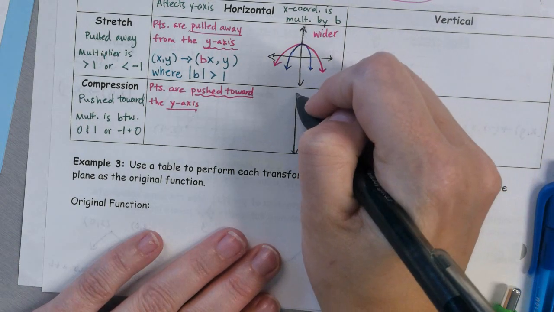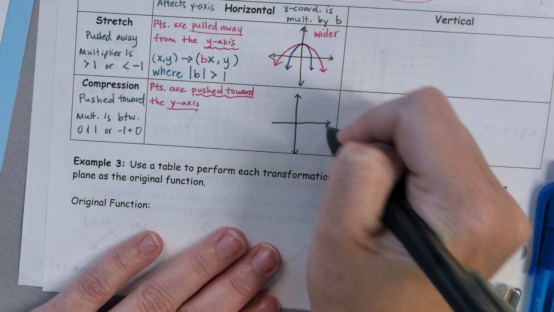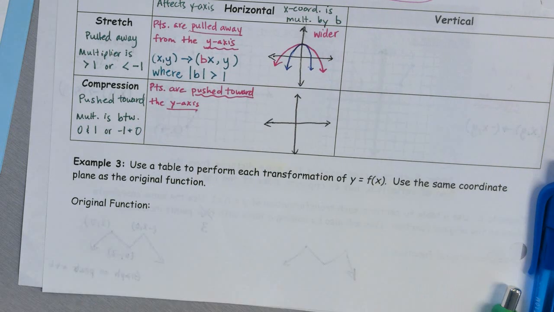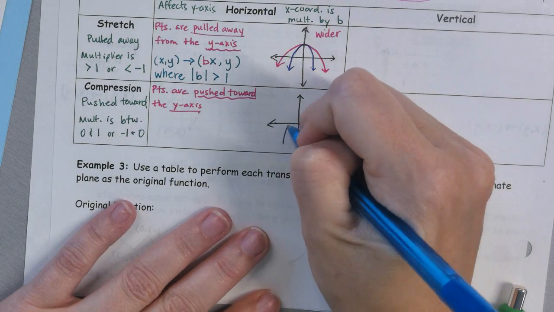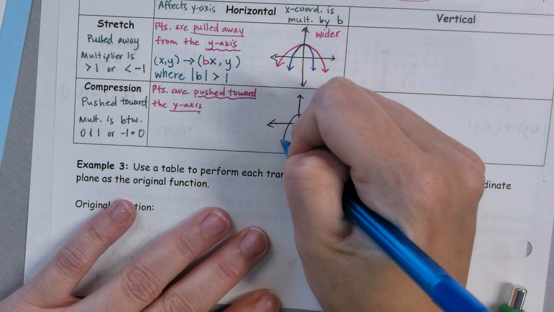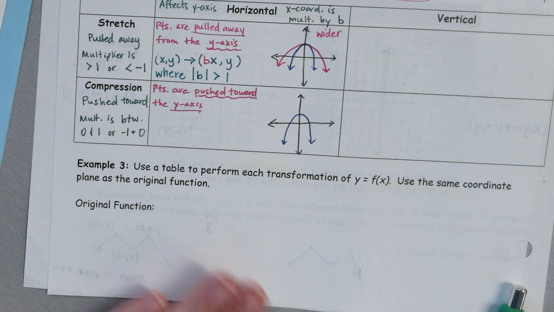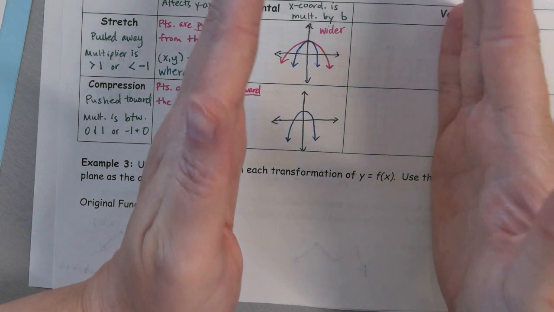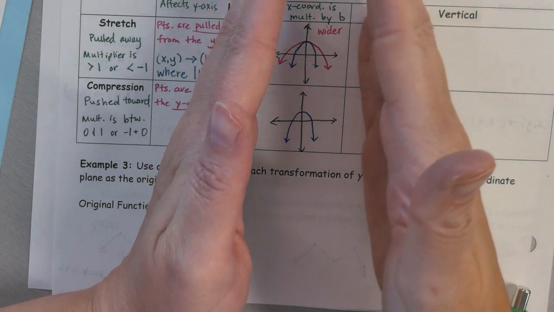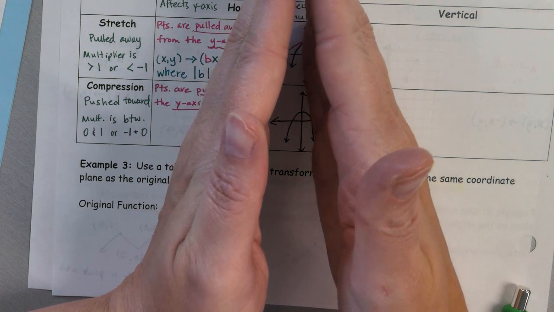So again, let's look at this visually in terms of a graph. We'll draw the same downward parabola. And the compression is I'm pushing that towards the y, right?